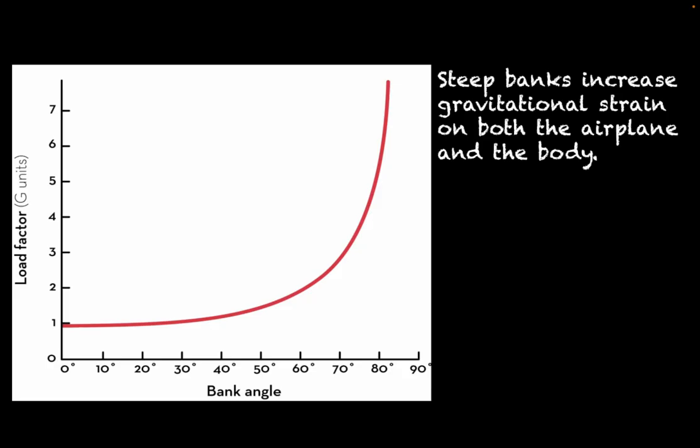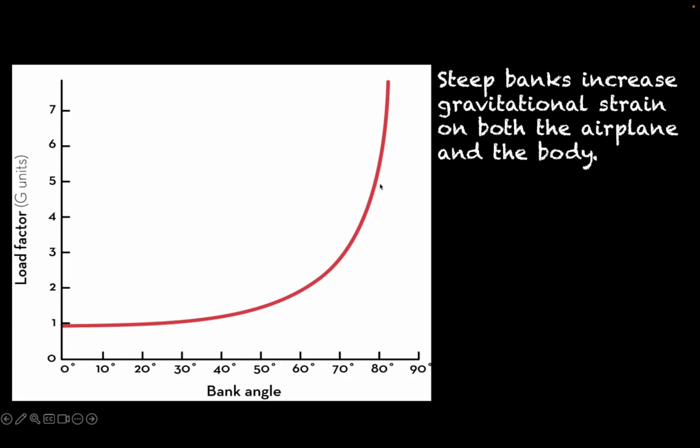In this graph, you can actually see the mathematical relationship between the bank angle and the load factor being placed on your body. And like I said, at 60 degrees, this G force is equal to 2 Gs, and at 0 degrees, it's equal to 1 G. So obviously, if lift and weight are perfectly balanced and you're in level flight, you're just pulling 1 G. But you can see that as you bank heavier and heavier, the load factor gets higher and higher until you eventually get to pulling multiple G's.